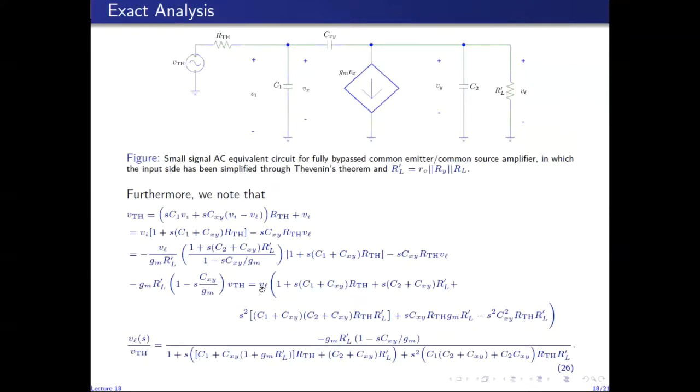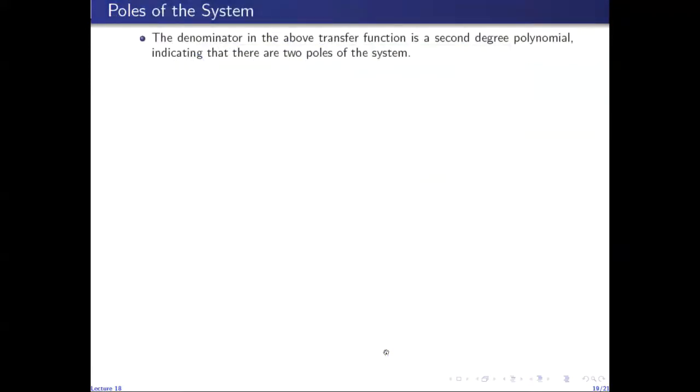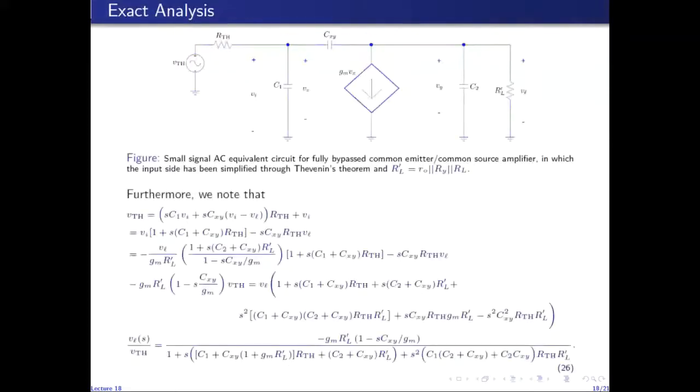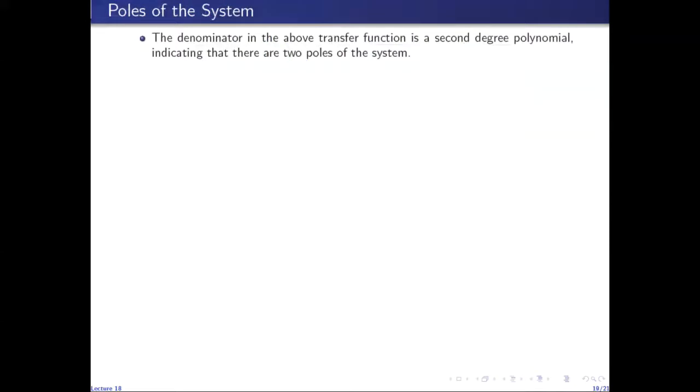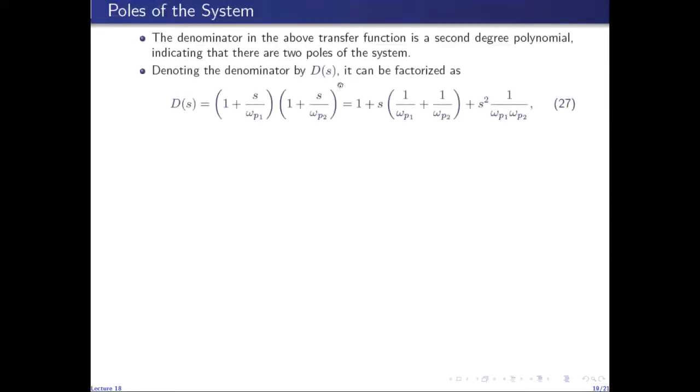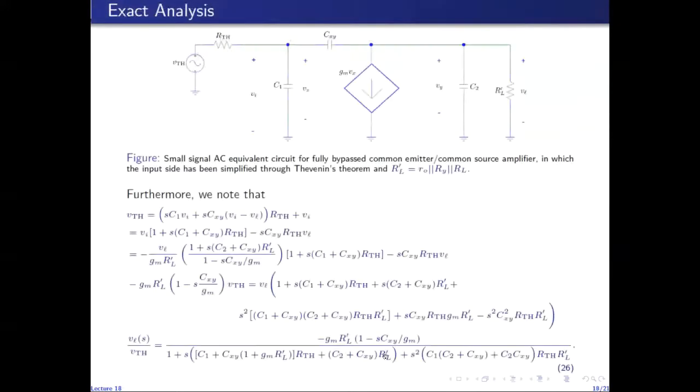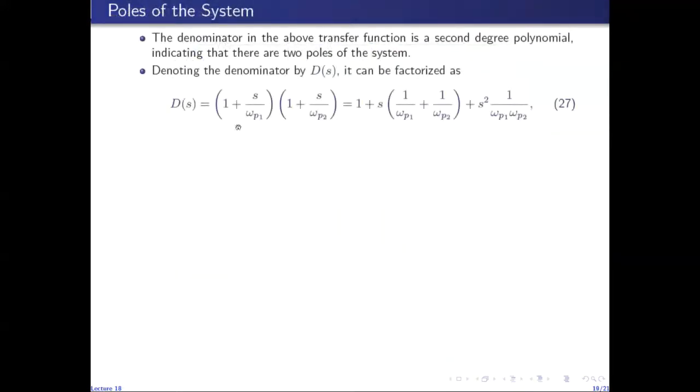In all of these terms, I've taken VL out common. So VL over VThevenin is this factor divided by this factor. We can see that the denominator is a second order polynomial. This means that there are two poles, as we have established earlier as well. So, denoting the denominator by D(s), I can factorize this polynomial and write it as a product of these two terms, which when I open up gives me this polynomial.